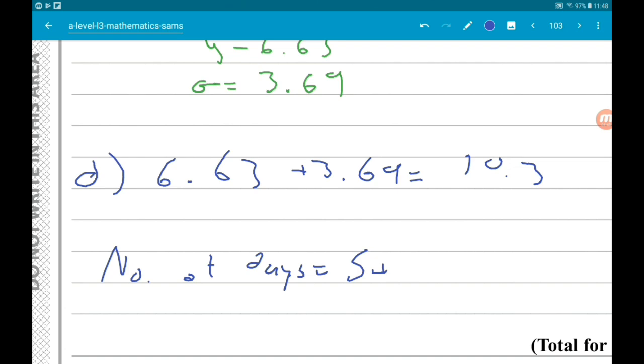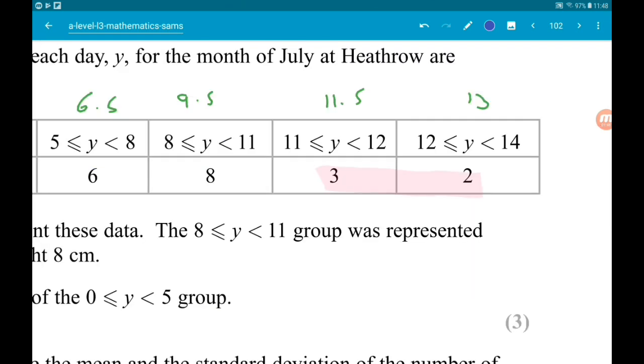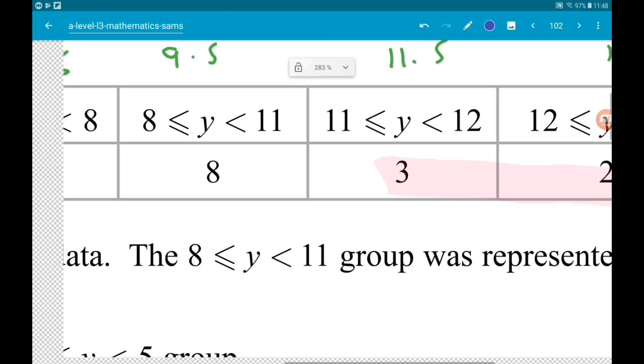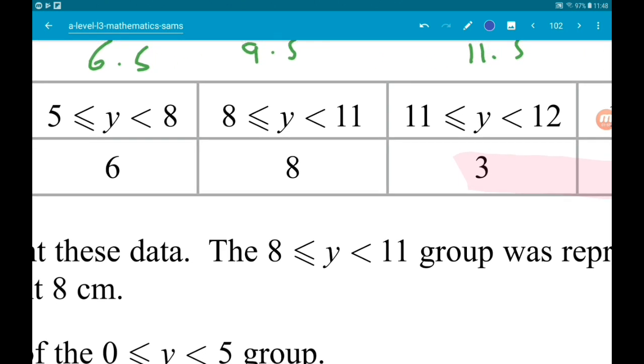And then we're also going to need a part of the 8 to 11 interval. So we need to work out what proportion we want of those 8. So 11 take 10.3 is 0.7. The whole interval is 3 wide. So we want 0.7 out of 3 of 8.